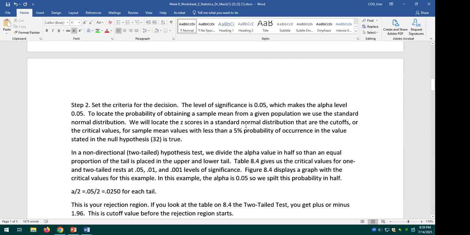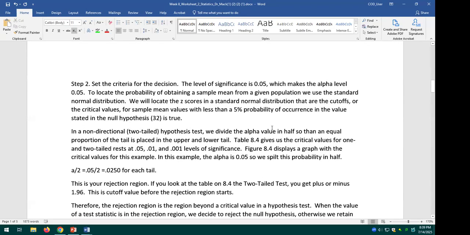So we will look at the z-scores for a normal distribution that are cutoffs or critical values for sample mean values with less than a 5% probability of occurrence in the value stated in the null hypothesis. So in a non-directional two-tailed hypothesis test, this is your area, this is your curve, okay?